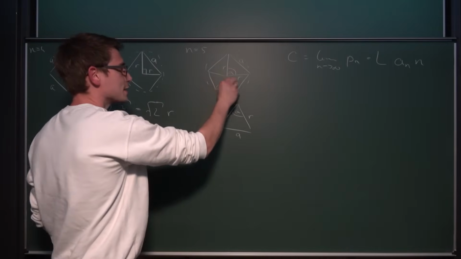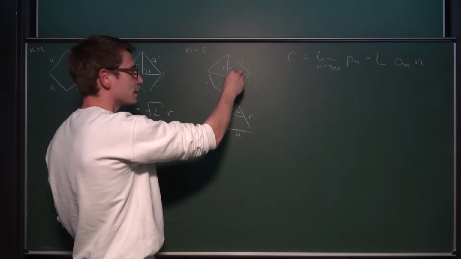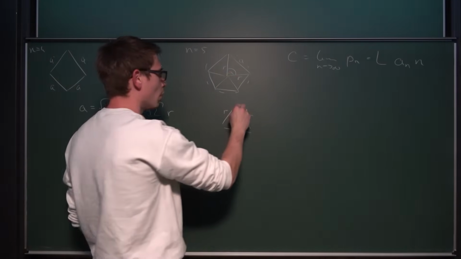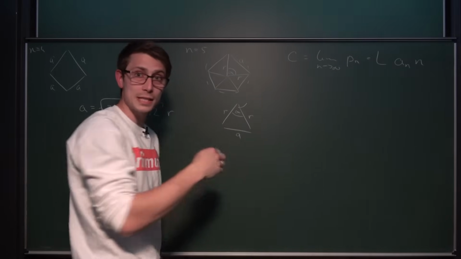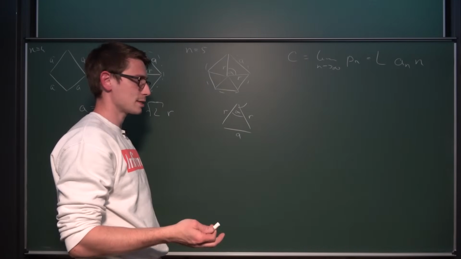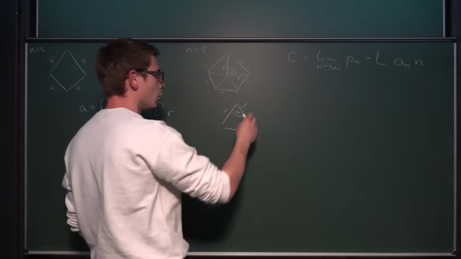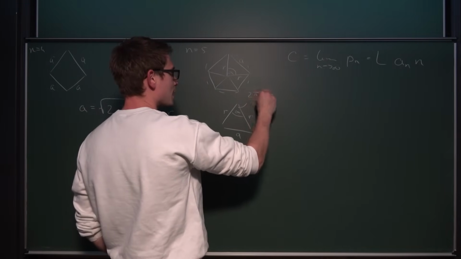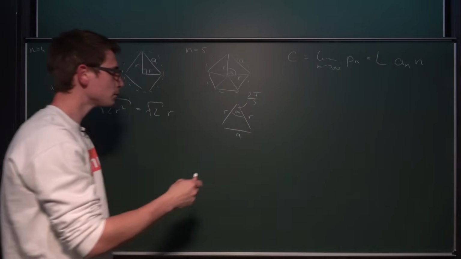Since the full rotation is 360, alpha is 360 divided by 5, which is 72 degrees, or in other words, 2 pi divided by 5.